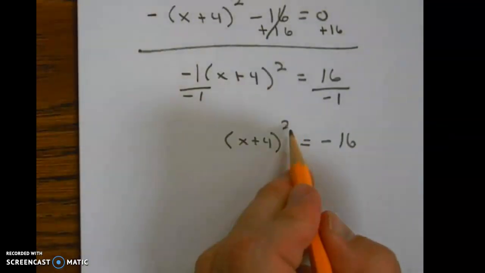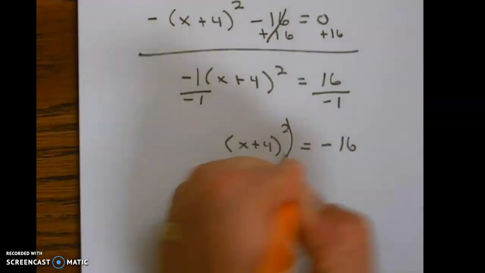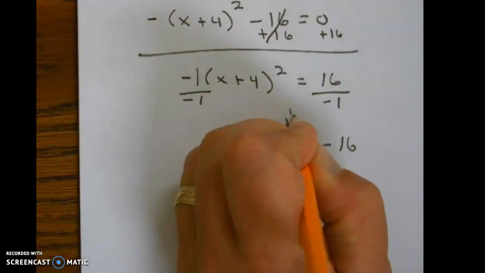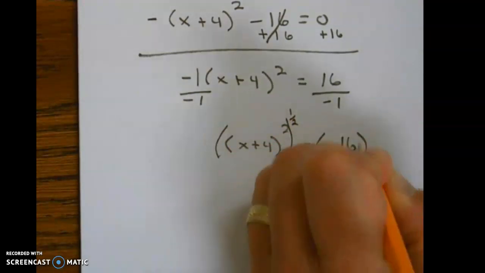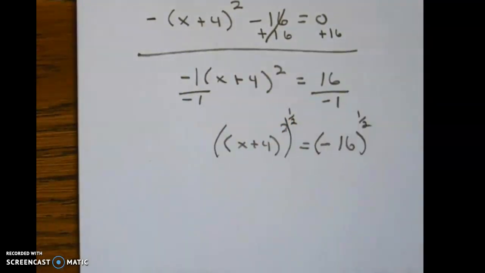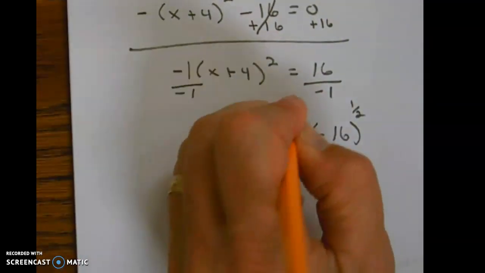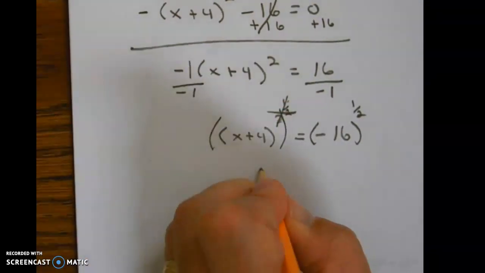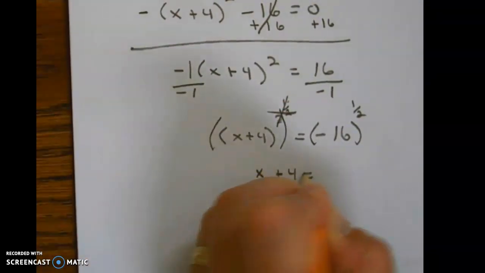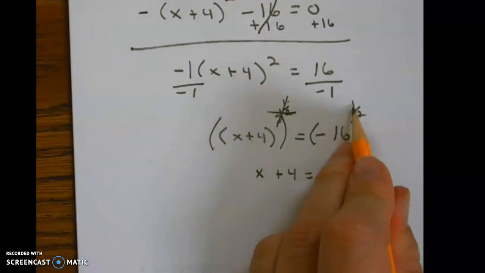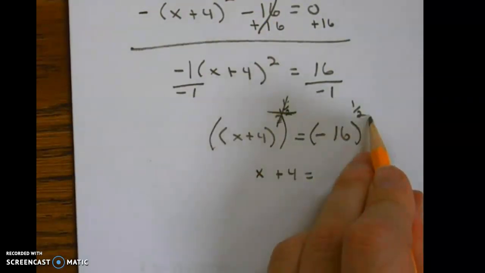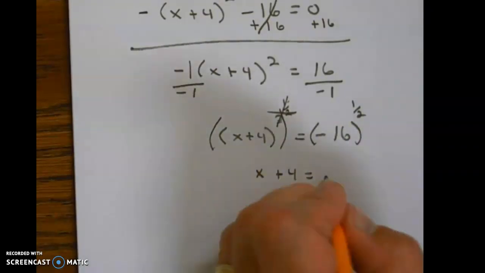Taking care of our exponent by raising it to the reciprocal power. 2 times 1/2 cancels out. Negative 16 to the first power is negative 16. And then we're going to do the square root of negative 16.